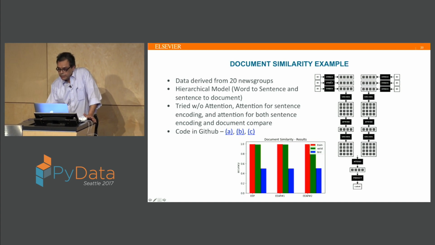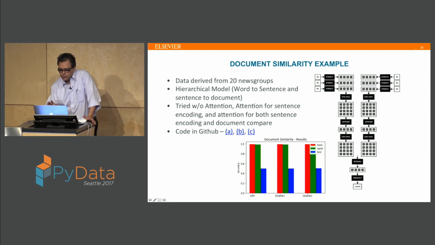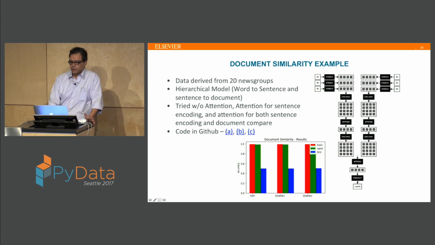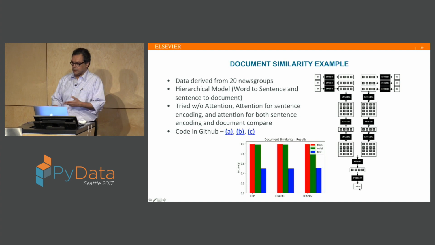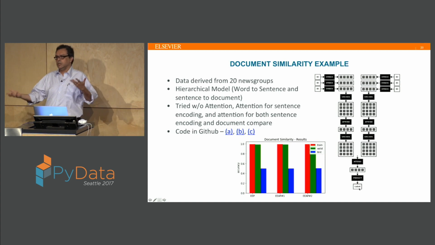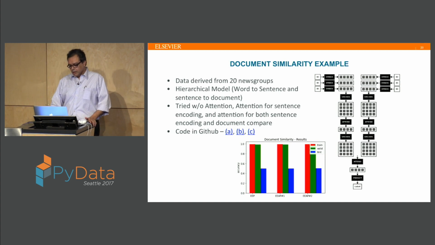I do this for both the left-hand and right-hand documents for which I'm calculating the similarity. Then I attend on those two and create a document similarity vector, and then I do a predict on that, whether it's similar or not similar.